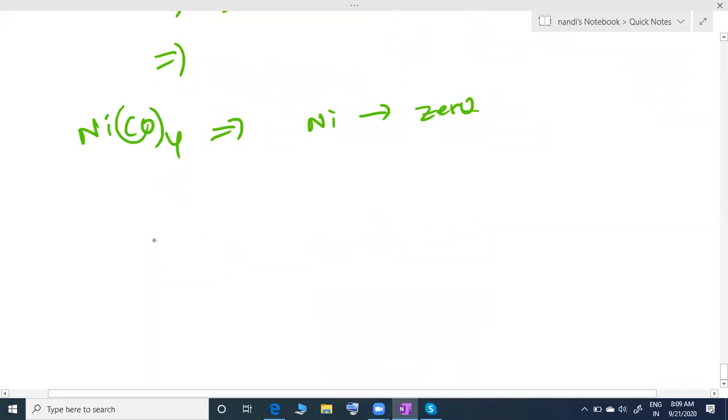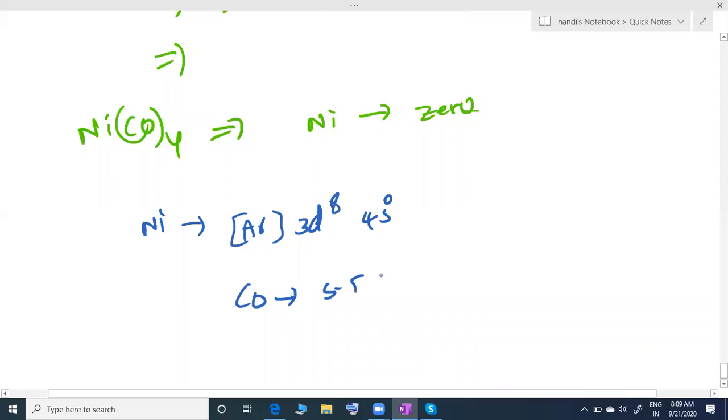Now you can write nickel's electronic configuration: argon 3d8 4s0. Here CO is also a strong field ligand. Strong field ligand means electron pairing occurs.